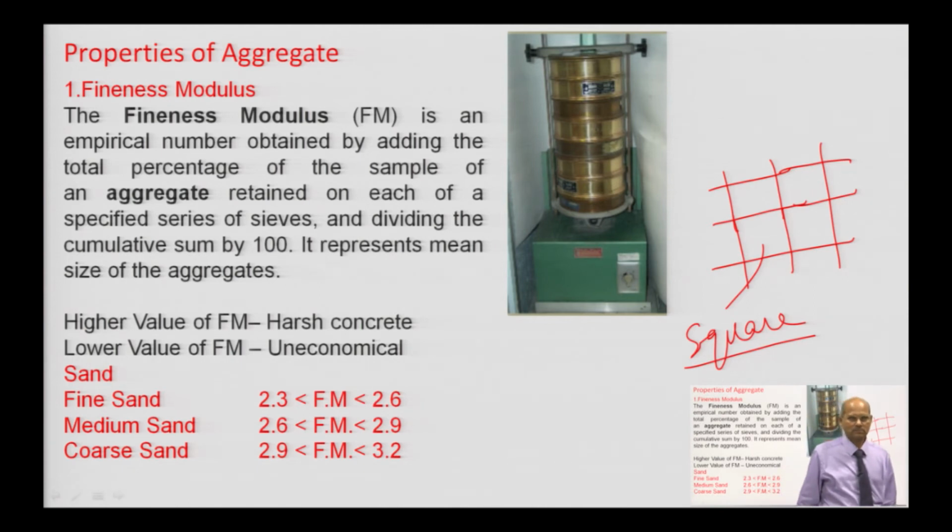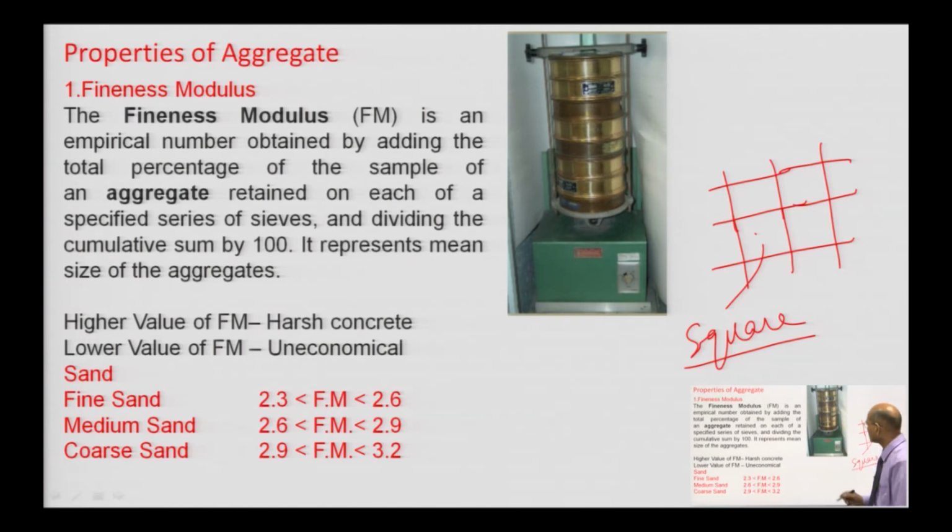So, if you are doing the sieve analysis, a smaller particle passes through this aperture, and a size bigger than that square will be retained on the particular sieve. We have to arrange the sieves in increasing order according to size, and last we have the pan. You have to keep them in the sieve shaker.